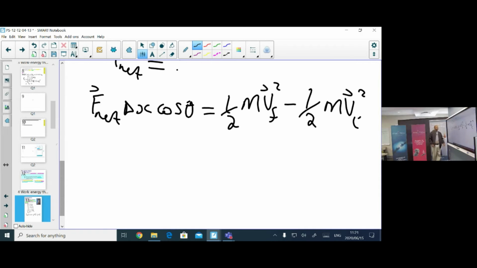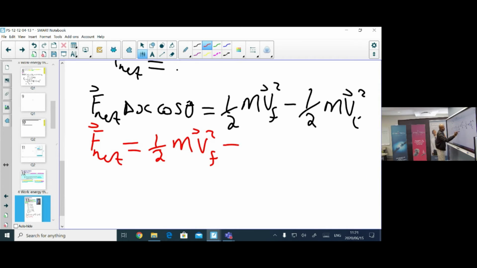Before we get there, let us make the F net the subject of the formula. That is F net, which is equals to half m v final squared minus half m v initial squared.